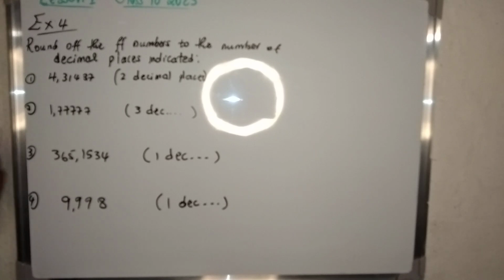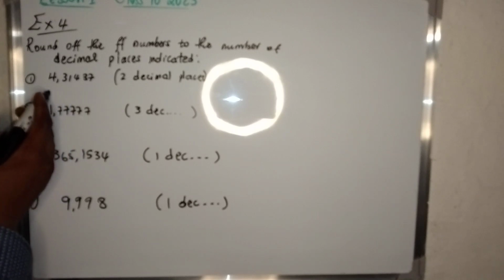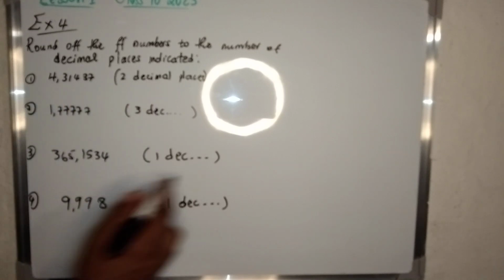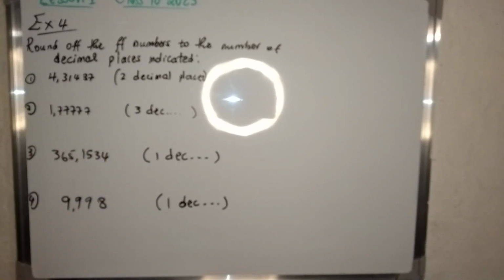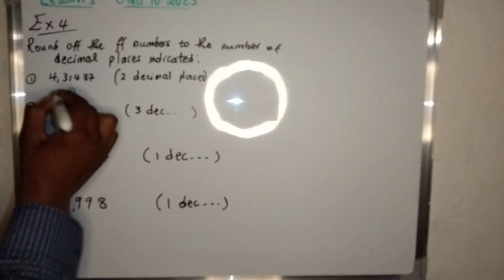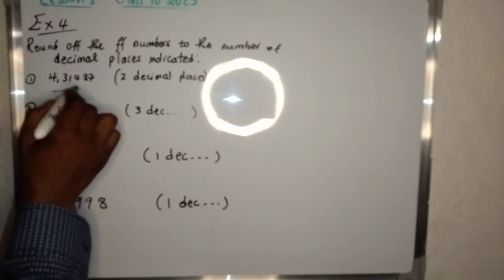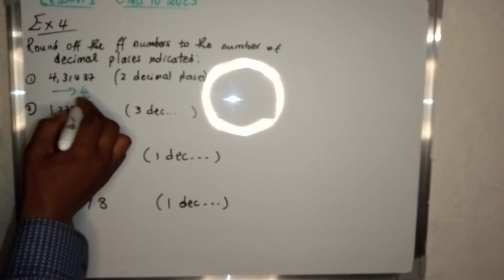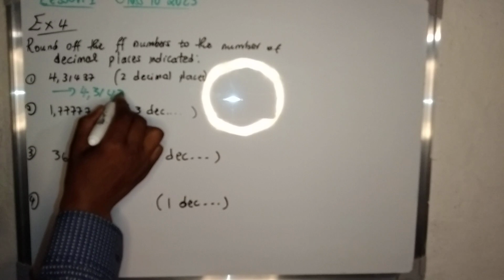So what do we do here? I'm going to use these spaces as my answers. Let me use another color, and let me throw another arrow. Then what I'm going to do here is repeat this 4,31437.